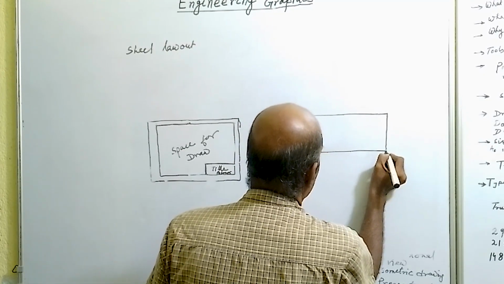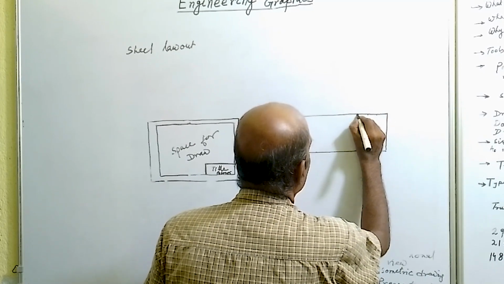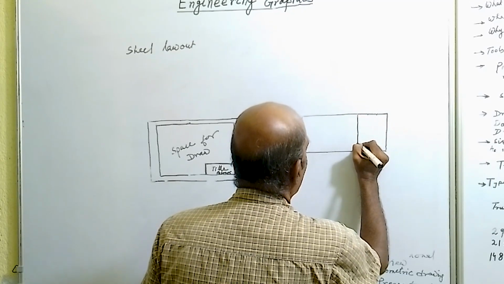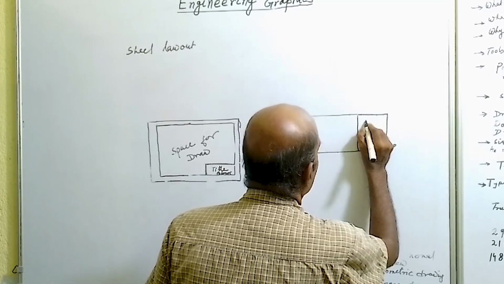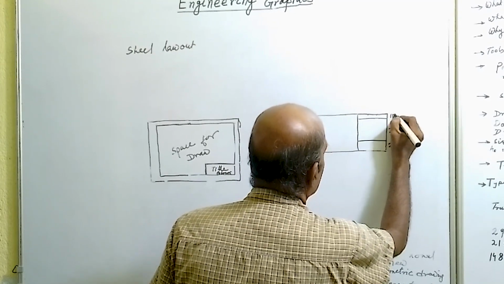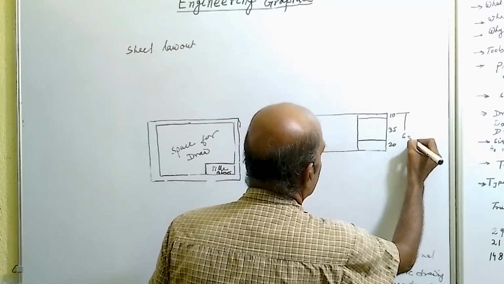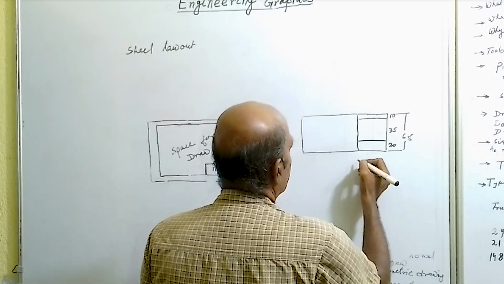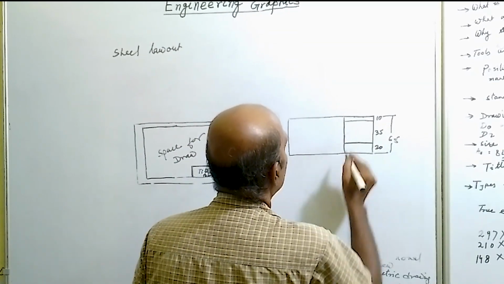So the dimensions are 10, 25, 25, 10 or 15. This one is 20 height, 35, 10, 65. So total height is 65. And 20, 25, 25, 50, 60, 65.